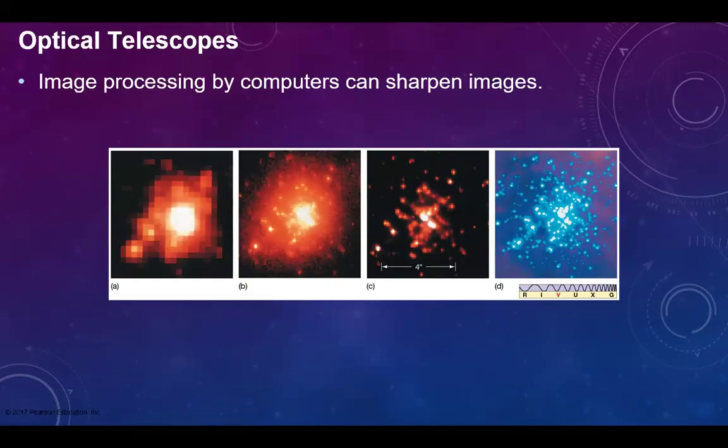And once you have information digitally, you can sharpen images with image processing. So you can get more detail by processing the image. Especially if you know some stuff about what you're supposed to be looking at, you can get better resolution.